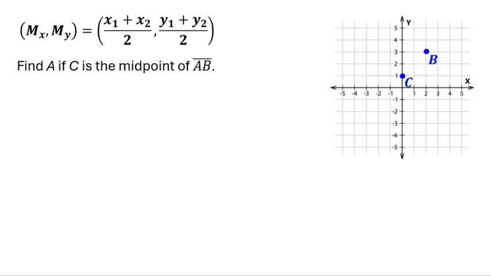Now let's go ahead and take a look at another one. So this says find A if C is now the midpoint. So thinking about what my graph looks like, if this is B and then our midpoint is here, I know A should be somewhere here, right? And these are the ones that give people the most trouble, especially when they're using the formula.